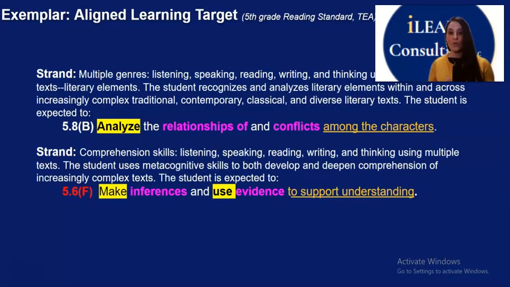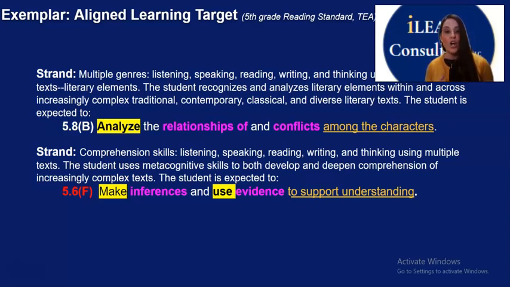I've chosen to use the same standards that I used during part 2 of this series, which is a 5th grade reading standard, 5.8B and 5.6F. These are Texas state standards. You can already see, if you're familiar with unpacking a standard or unpacking a knowledge and skill statement, where I've identified my verbs, my nouns, and the big ideas or the concepts.